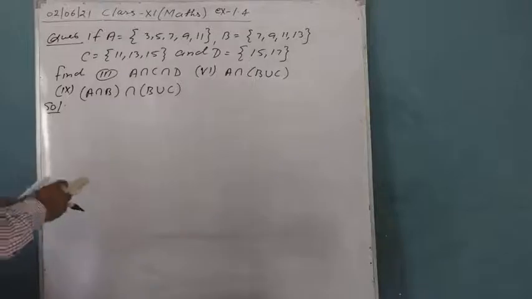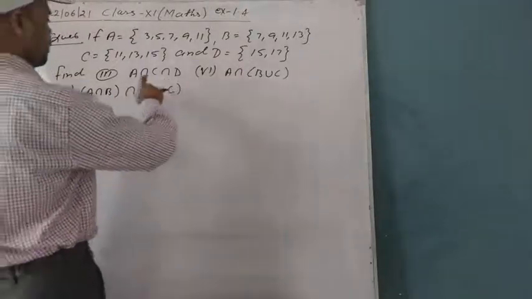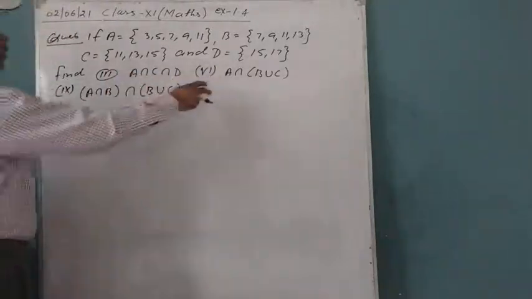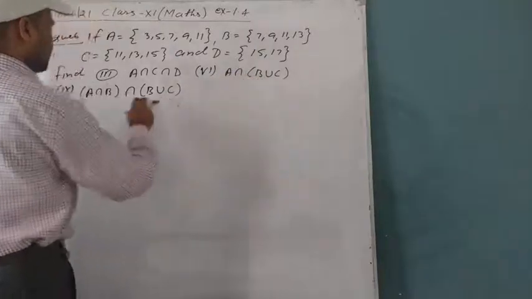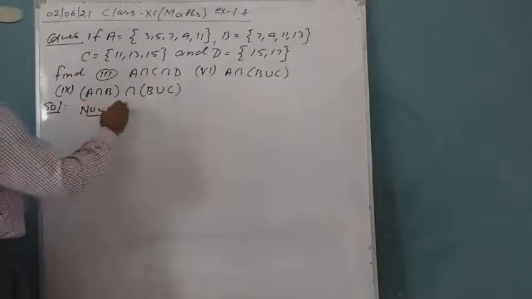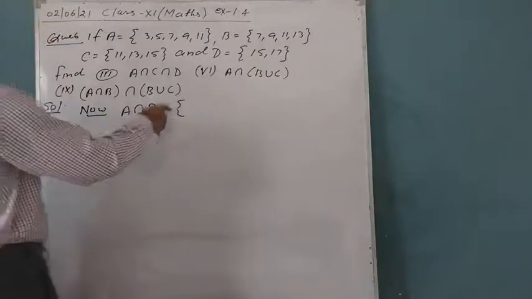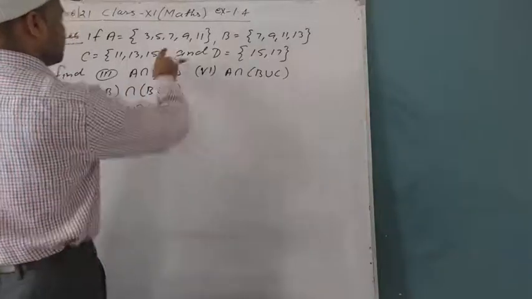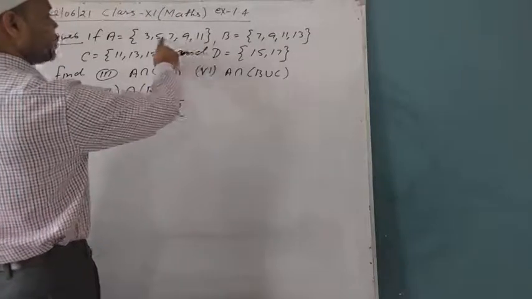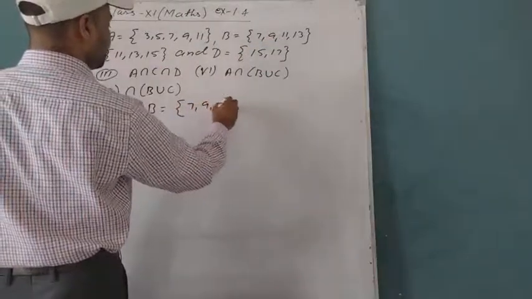So first of all we will find the values of B union C, because it is required in place of here and here also, and A intersection B. Now A intersection B is equal to the common elements of A and B. So it is 7, 9, 11.